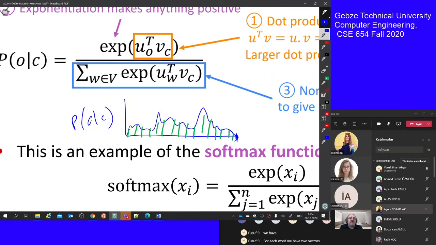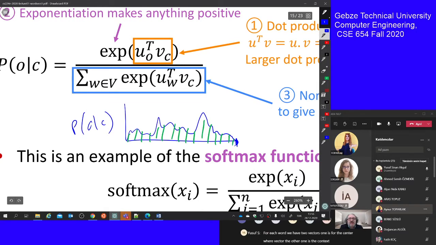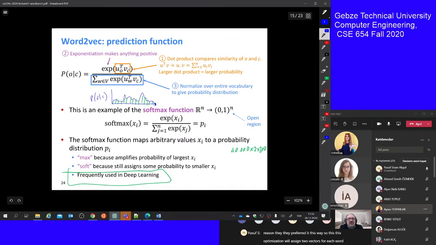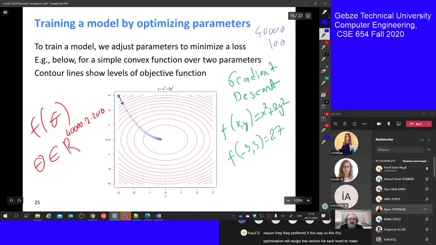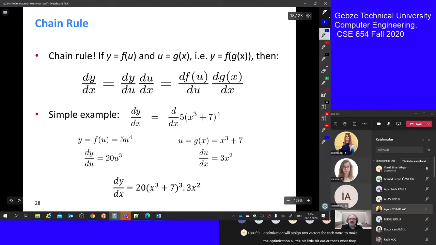One is the center vector, the other one is the context vector. For some reason they preferred it this way. This optimization will assign 2 vectors for each word to make the optimization a little bit easier. That's what they say.